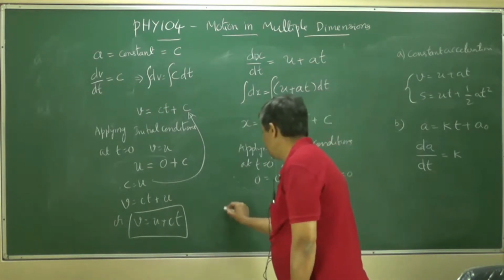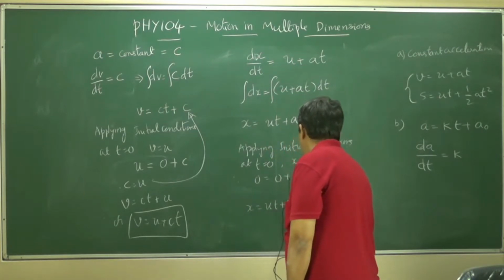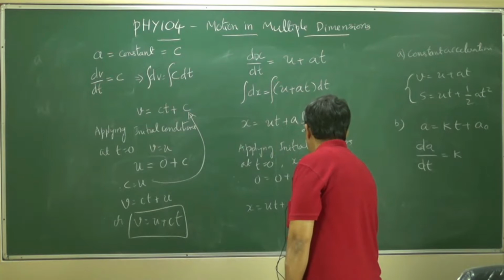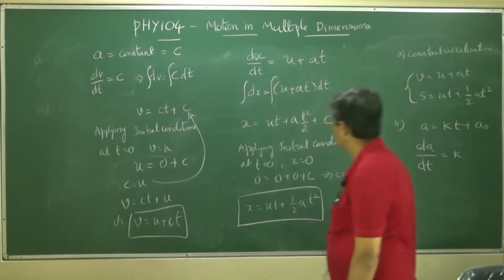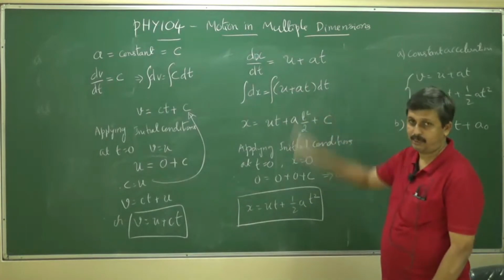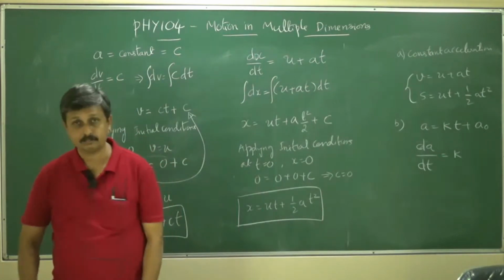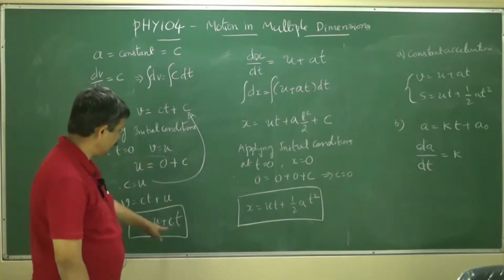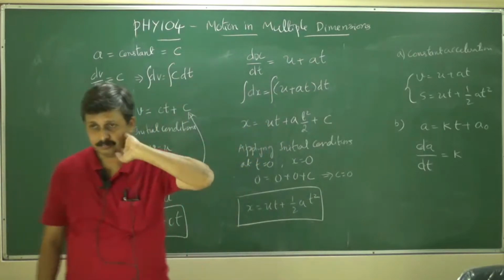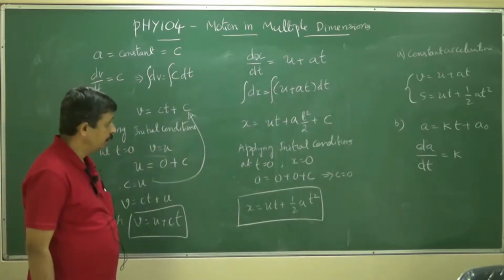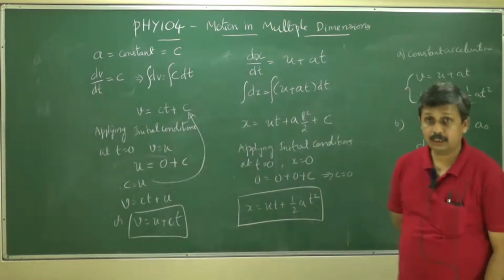So the equation is x is equal to ut plus half at square, or ct square, whatever you want to take. Actually, you have to take c because we got c. But anyway, it doesn't matter. A is a constant, we can use c is a. So you got these.